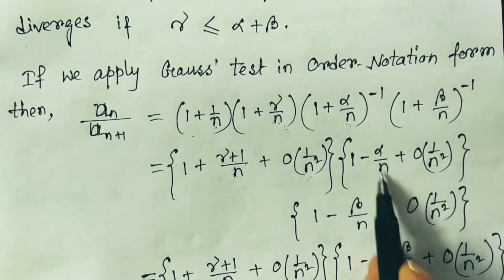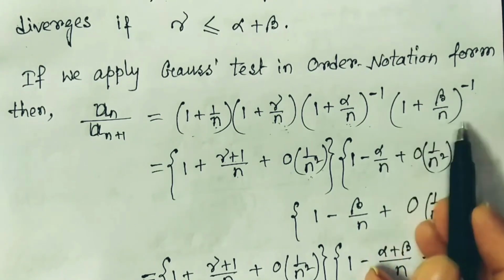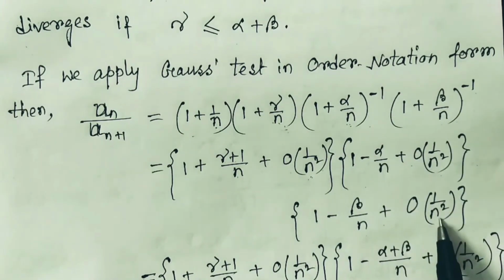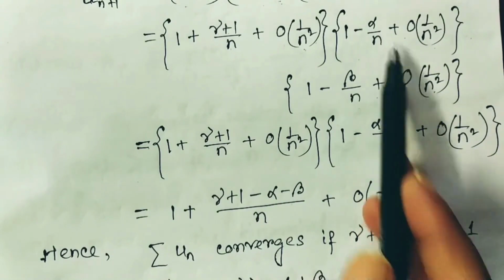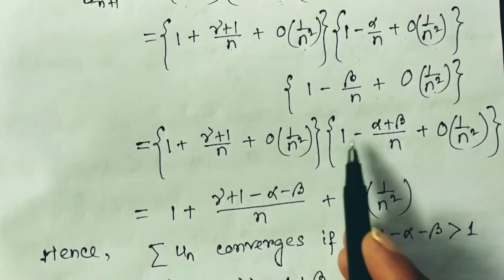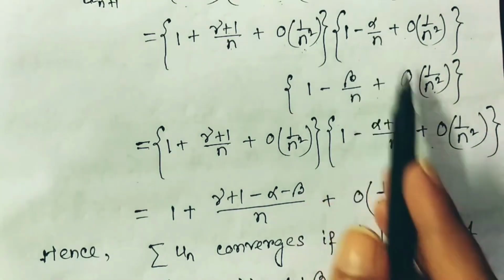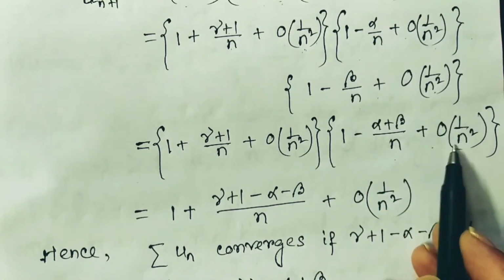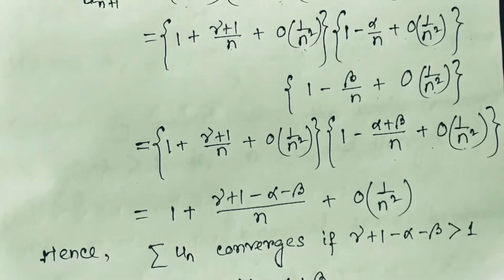So 1 minus alpha by n plus some order of 1 by n square. And for this one also the same, 1 plus beta by n plus some order of 1 by n square we will find. So when we multiply now these two, what we will find is 1 plus alpha plus beta by n plus, again definitely for the remaining terms, these are of the order of 1 by n square. That means either you will get the term 1 by n square or greater than that.